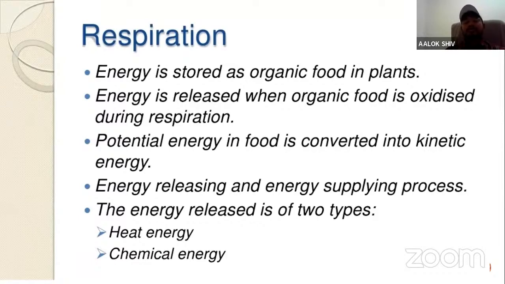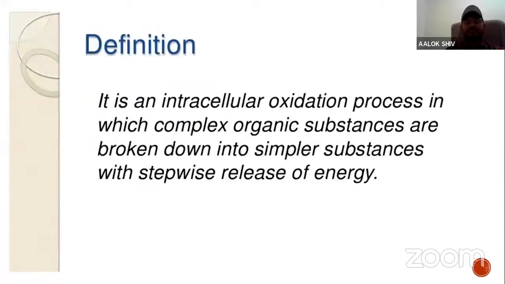So in respiration, the glucose which has been formed is further oxidized so that we can have the energy. And energy is really the kinetic energy which is used by all of us to do some work. Energy is generally of two types: heat energy and chemical energy.